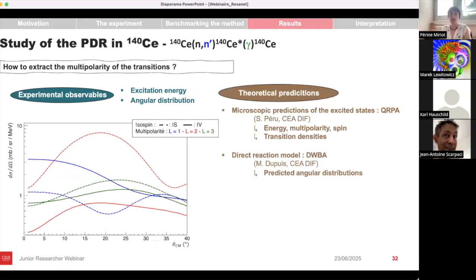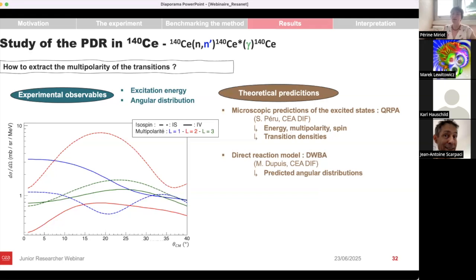To do so, we rely on theoretical predictions that can provide us with the expected angular distribution for the multipolarities. So in this work, the theoretical predictions were first microscopic predictions of the excited states, which were made within the QRPA framework. And those microscopic predictions gave us the energy, the multipolarity, and the spin of the excited state, together with their transition density.